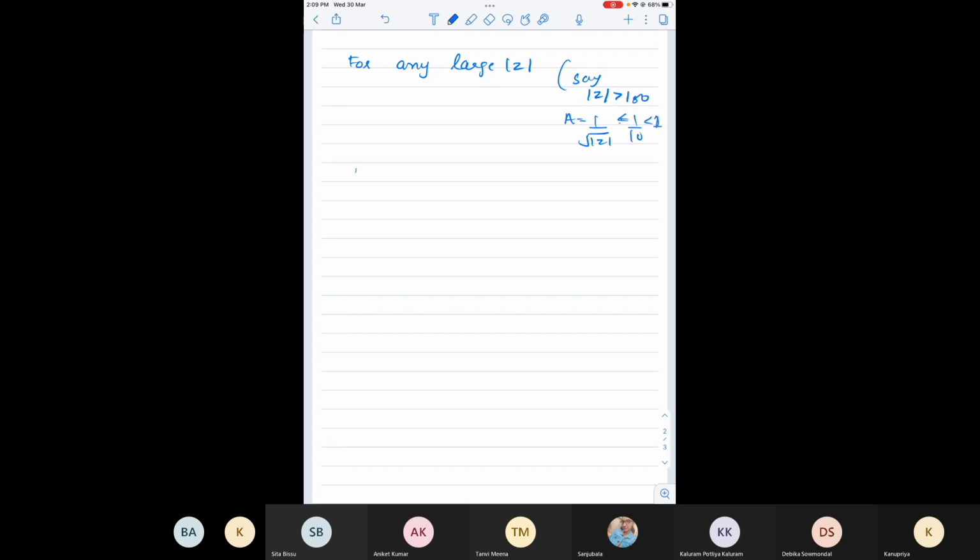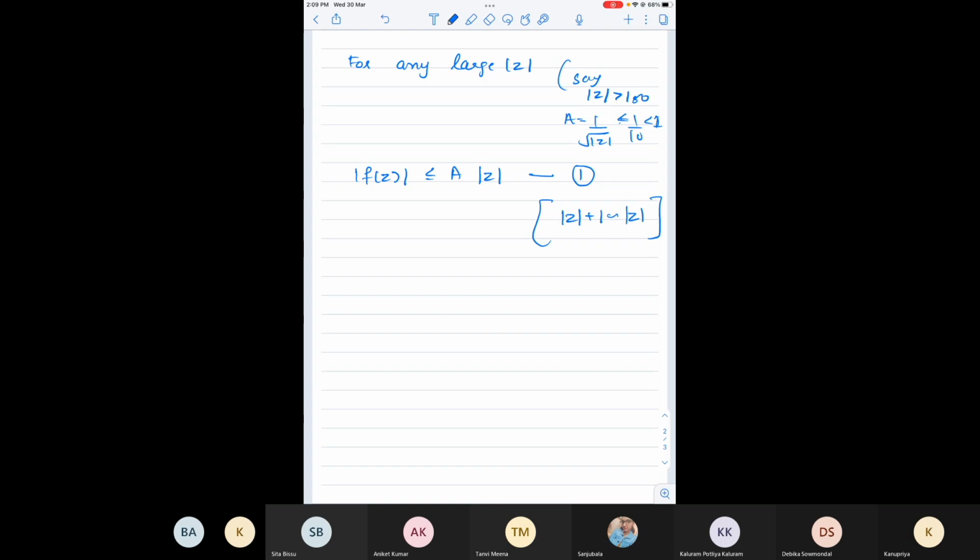So from there you can observe that mod of f(z) will be less than some a times mod of z, because for large z, the plus 1 will not play much role. So we can approximate mod z plus 1 as mod z for large values. For example, if mod z is 1 lakh, 1 lakh 1 and 1 lakh, we can approximate them.